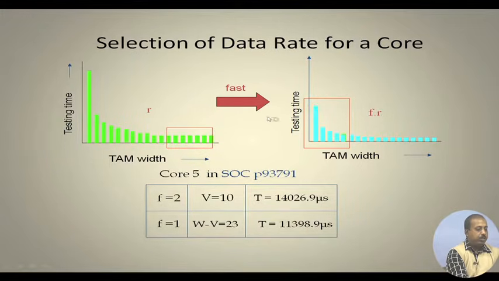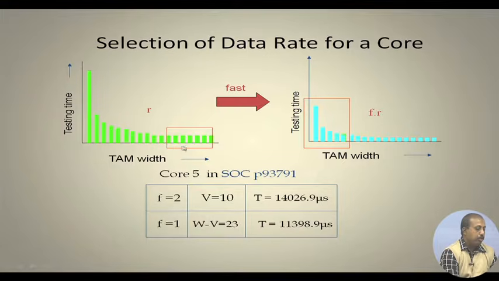So, this F into R data testing time, even if I use lower TAM width, the test time is even smaller. For normal TAM lines, I have to use this type of TAM widths, because beyond that this test time is quite high. So, I do not have any choice.